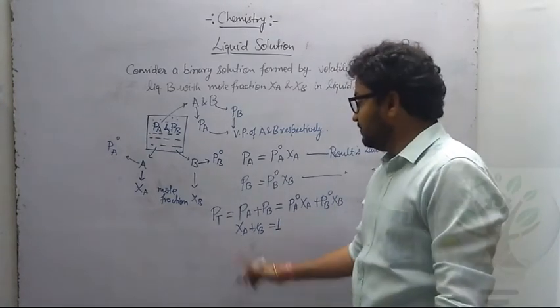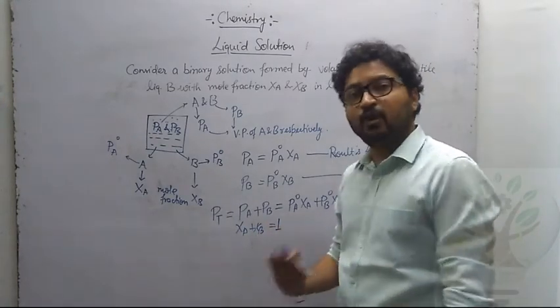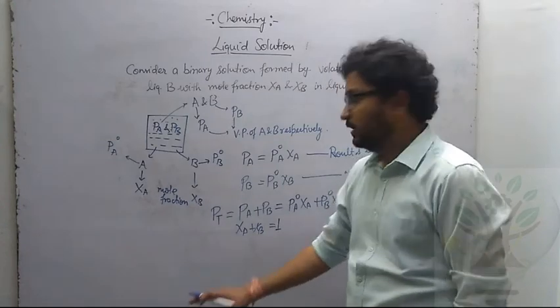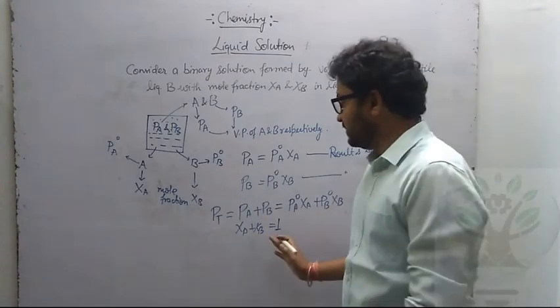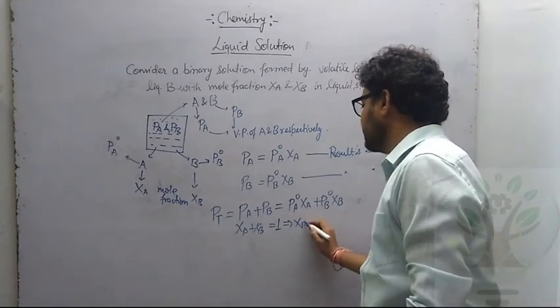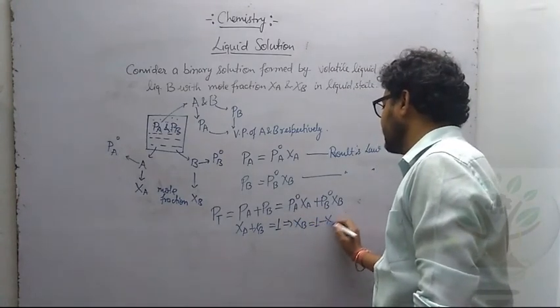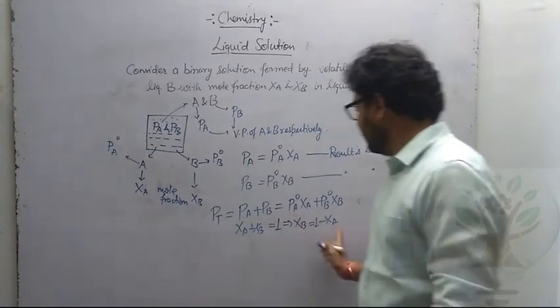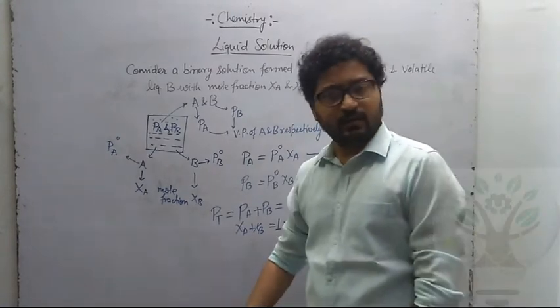So at any time you can put XA in terms of XB, whenever you want. So let's put XB in terms of XA. I can write XB equals 1 minus XA. It's up to you; if you want to put XA in terms of XB, no problem.